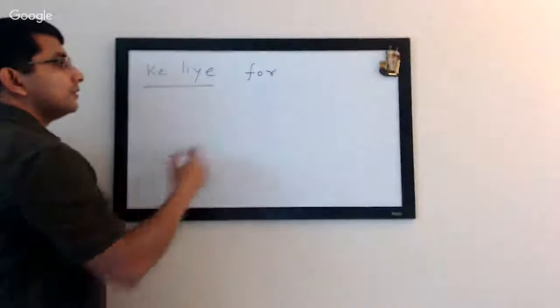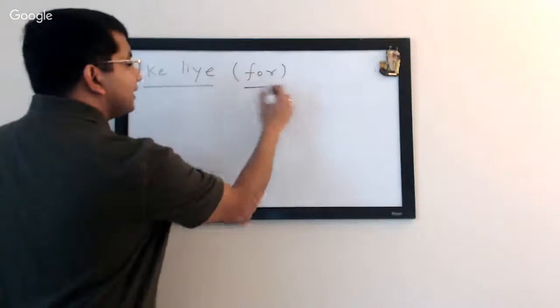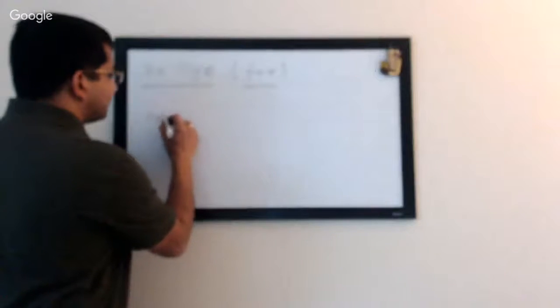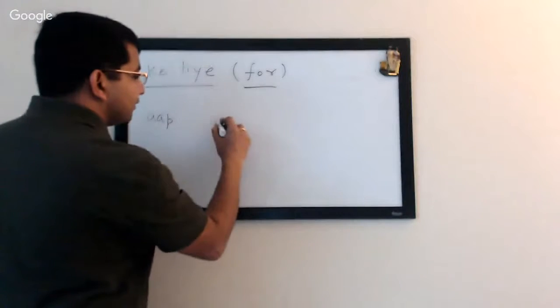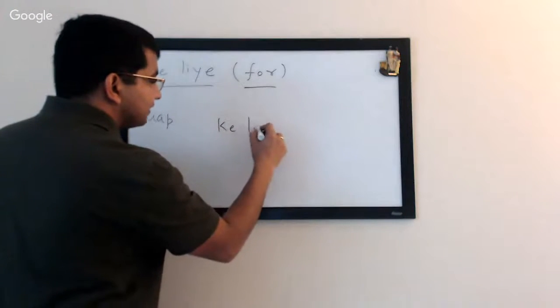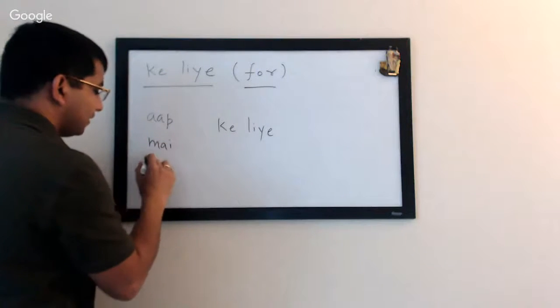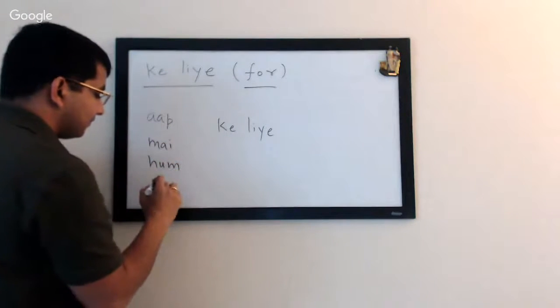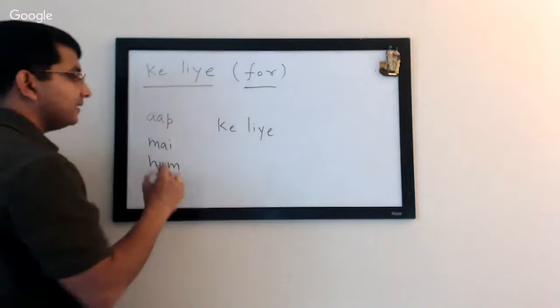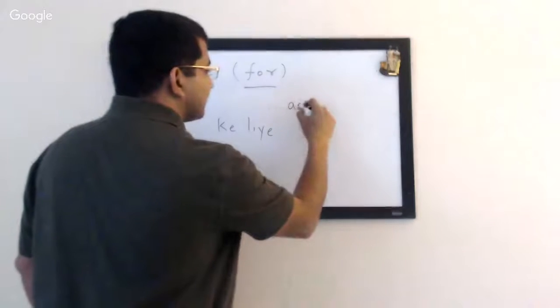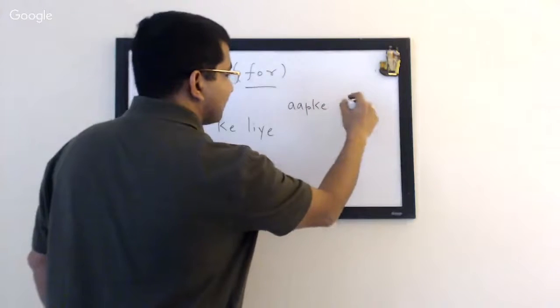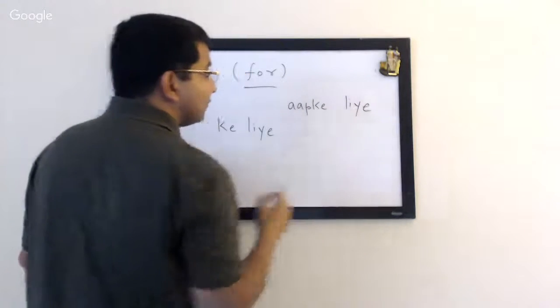के लिए, right? Which is for. So when you say आप, basically के लिए in the center, मैं, हम, वे, right? So the first one is आपके लिए, for you, right?